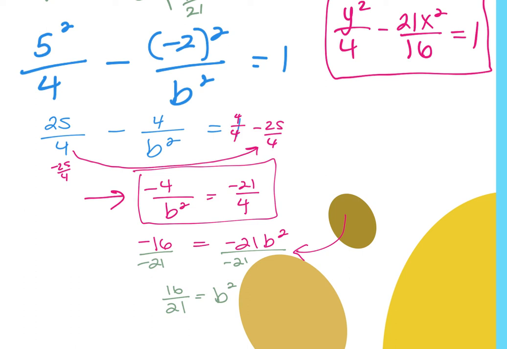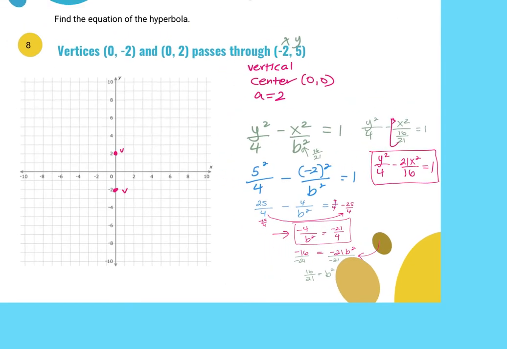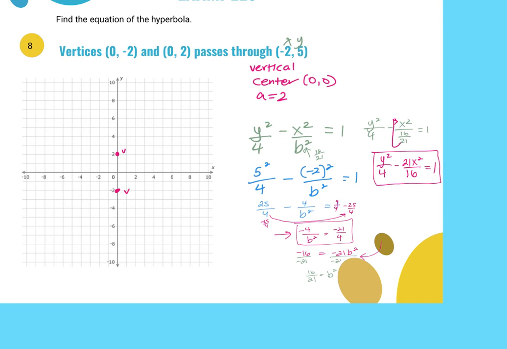But once you get down to one fraction on either side, you can just cross multiply. Questions on that one?